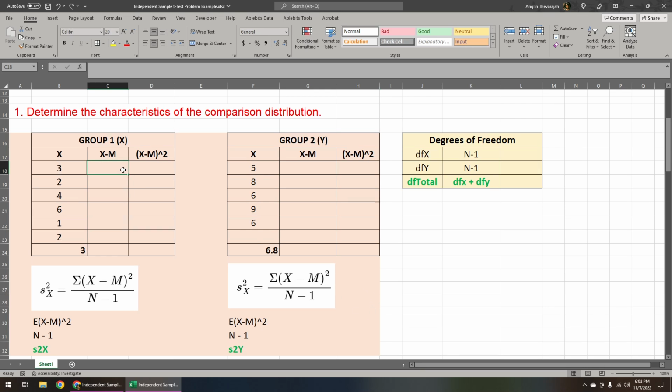For the second column, you're going to take every X, and all you're going to do is subtract the mean.